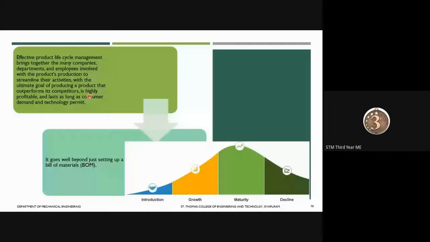In the same manner, in product lifecycle management also, we are bringing together the employees and departments to streamline their activities with the ultimate goal of producing a product that outperforms its competitors. So a similar product may be presented by a competitor in the market.